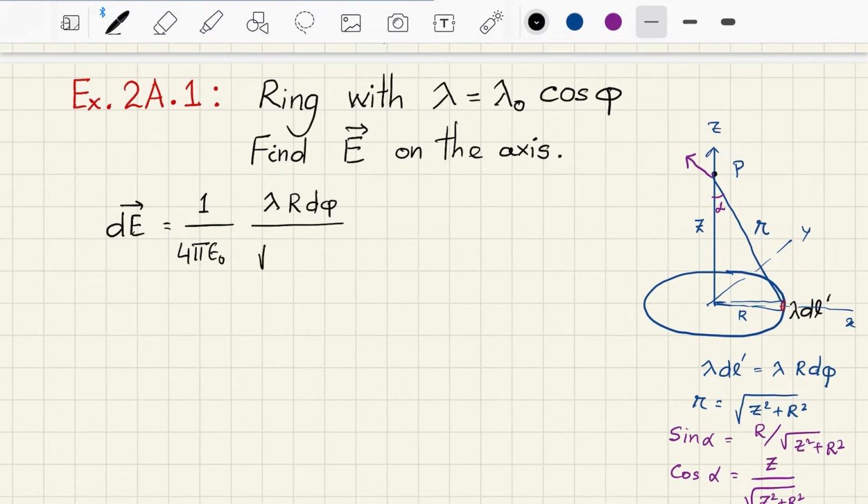Let me straight away write this in terms of z square plus r square, with one power coming from the denominator, one from the r square, and from cos alpha and sin alpha, so this is to the power 3 by 2.